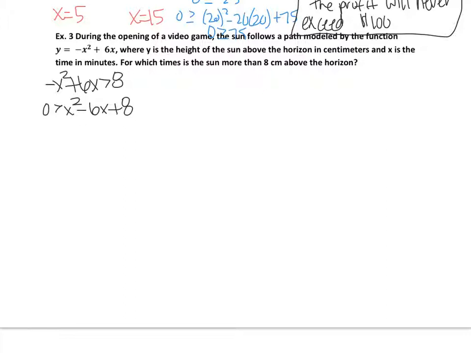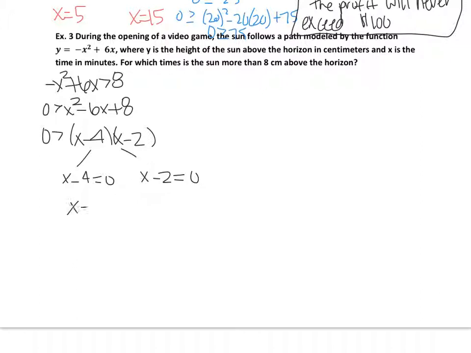See if that will factor. What times what gives you 8 that adds to 6? And so we have negative 4 and negative 2. Go ahead and take each of those and set them equal to 0 and get your test interval.